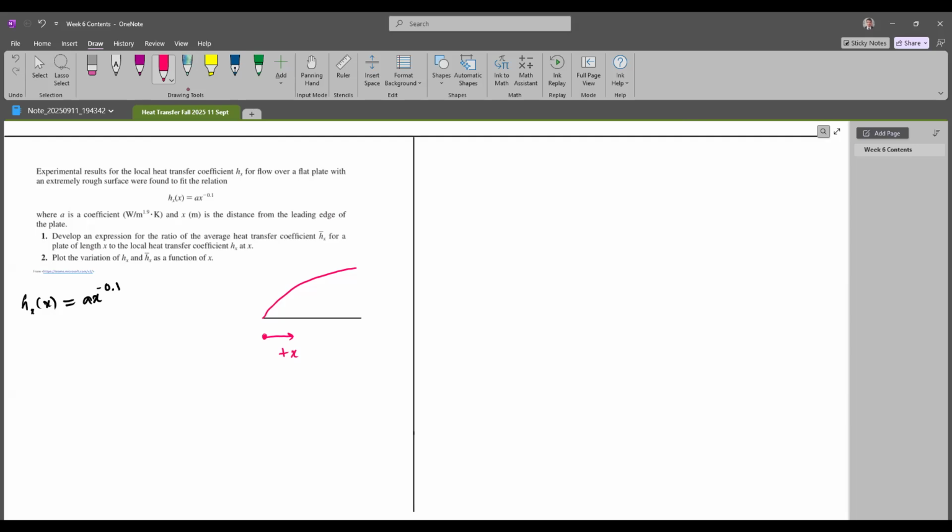Now develop an expression for the ratio of average heat transfer coefficient for a plate of length x to the local heat transfer coefficient hx at any point x. Okay, you guys can have like 1 minute probably to think over this problem, and then we'll solve it together.